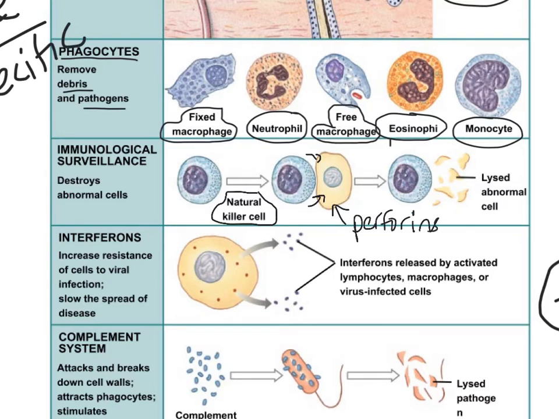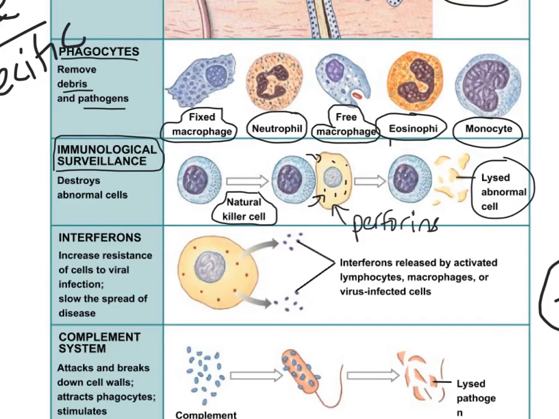They're like little chemical bullets, and they pierce into the cell membrane, putting holes into the cell membrane of that abnormal cell, and pretty soon the abnormal cell lyses. So we say that the natural killer cells are part of immunological surveillance because they're just out there surveying and looking around for anything that looks abnormal.